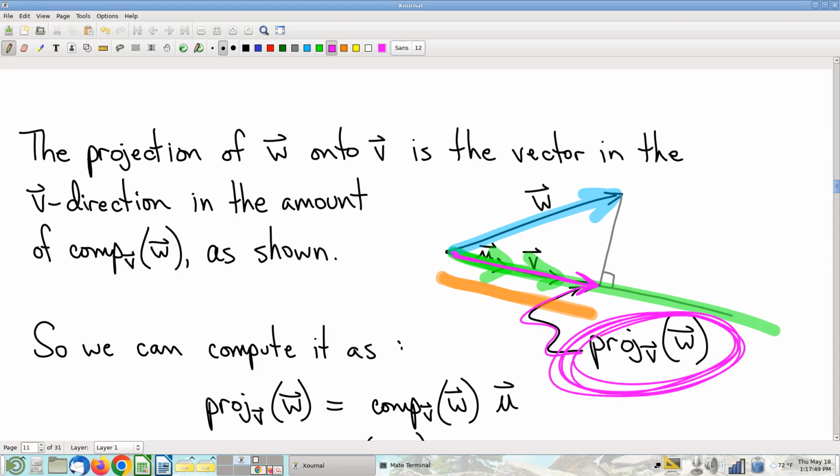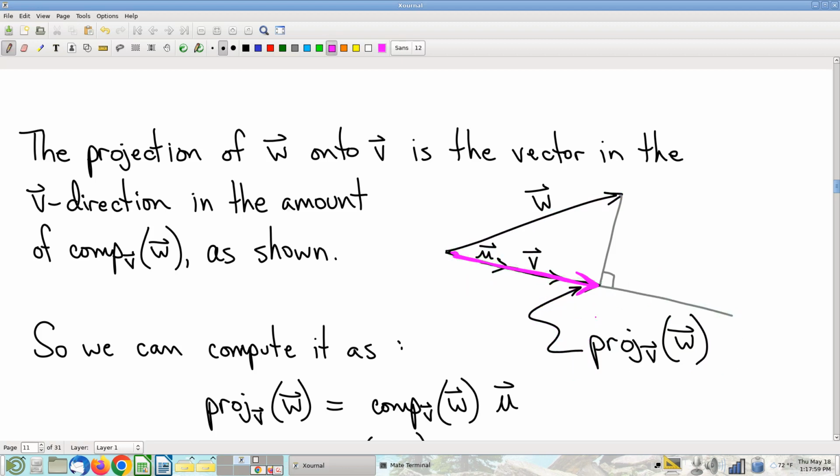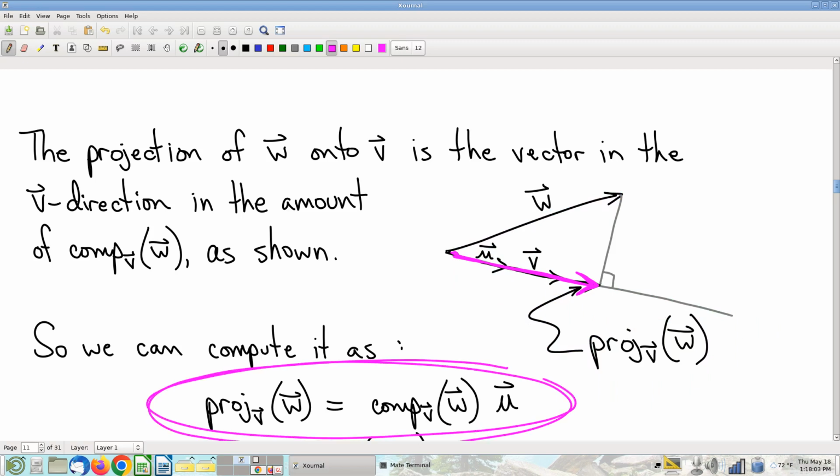And so how do we find the formula for the projection? There are different points of view that you can take on this that are all reasonable, I suppose. But this purple vector we're interested in, I know two things about it. I know already what direction it points. It points in the same direction as the unit vector that I already have a formula for.